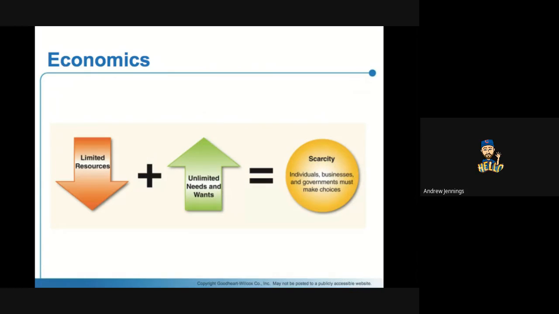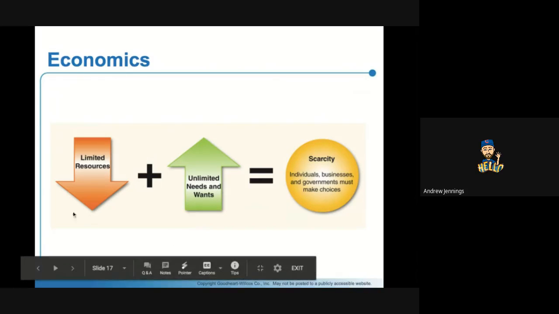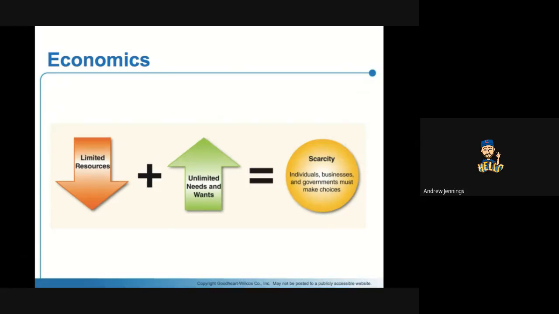So here is an image of what our economic problem is as an economy. We have limited resources over here. We combine that with unlimited needs and wants from our consumers, and we're forced into a problem of scarcity. So our individuals, our businesses, and our governments within our economy need to make some choices.